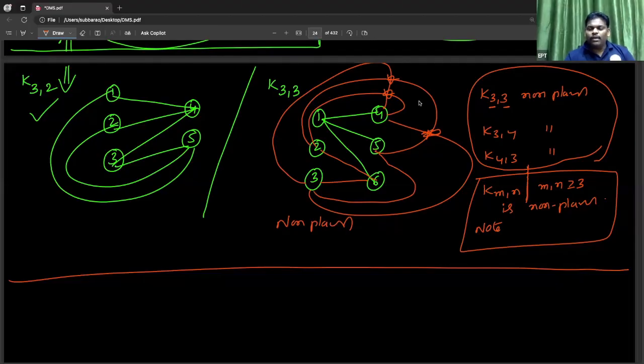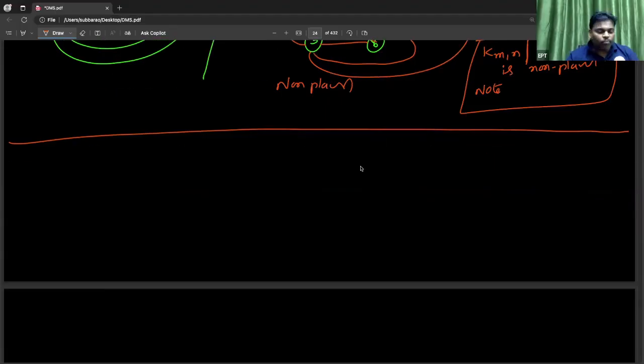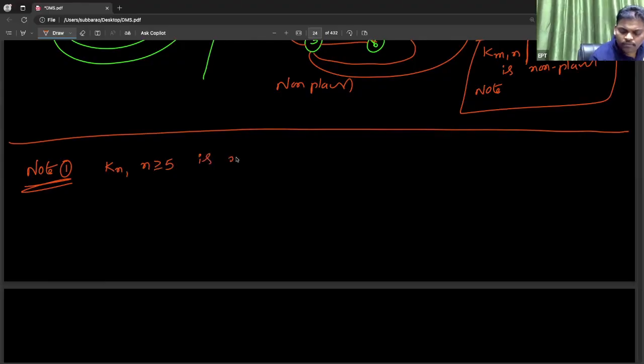Now, is it okay now? Is it perfect? If you want, I can write both the notes once again. Note 1. I am writing note 1 once again. What is note 1? K(n) where n is greater than or equal to 5 is non-planar.